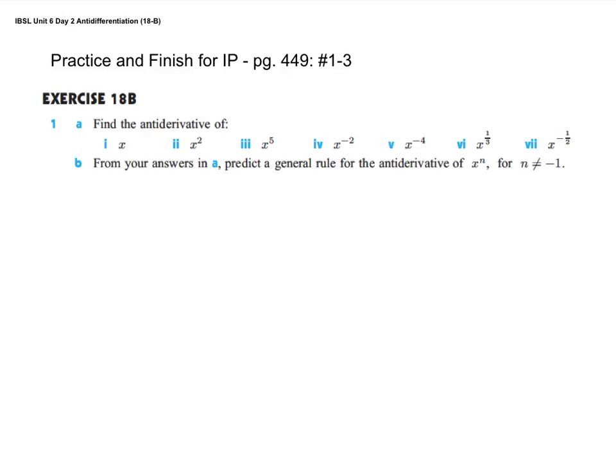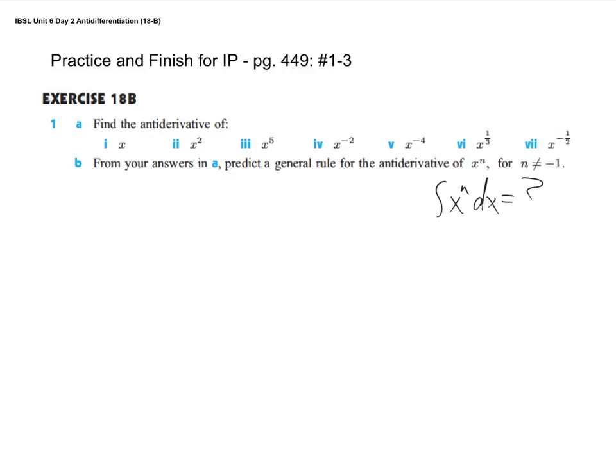I'm going to have you do these 7, and from those answers, see a pattern and see if you can come up with your own rule for taking the integral of x to the n.